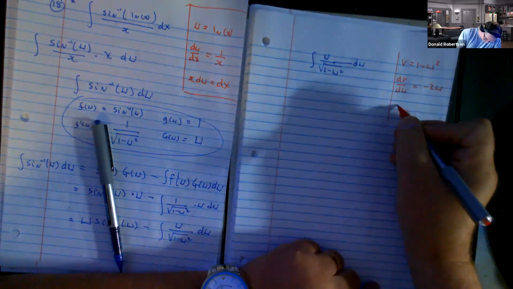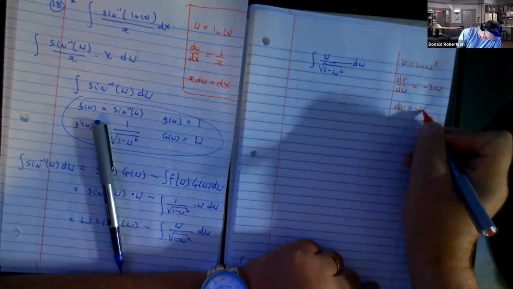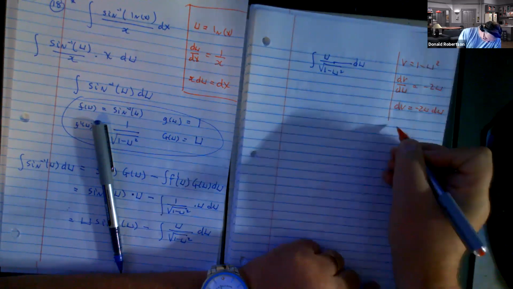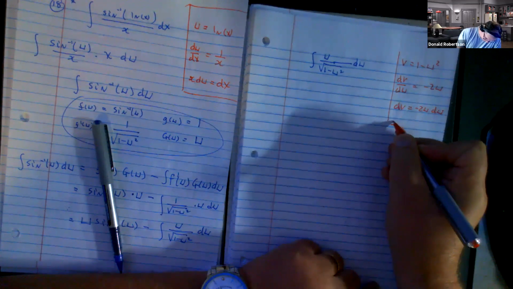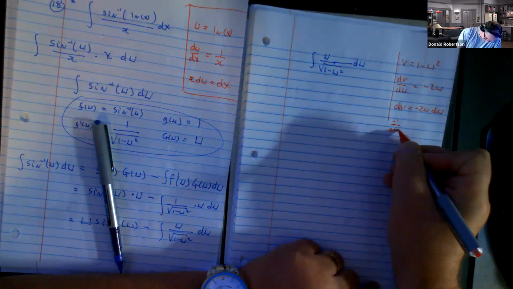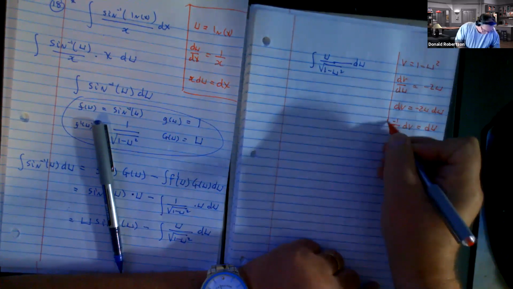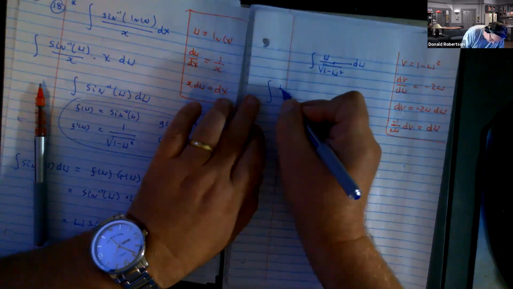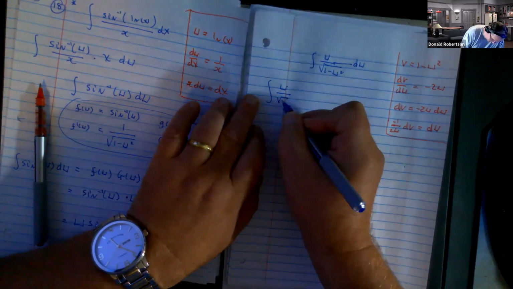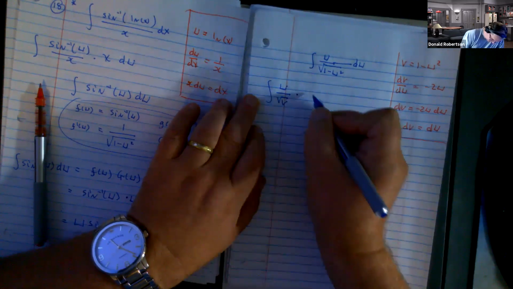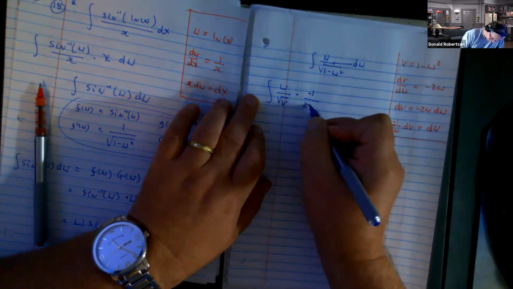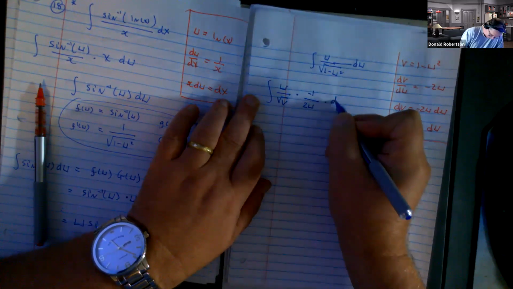If you do the crossover and isolate, we now have u times the square root of v times negative 1 over 2u dv.